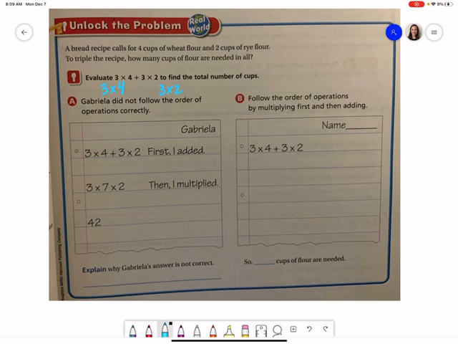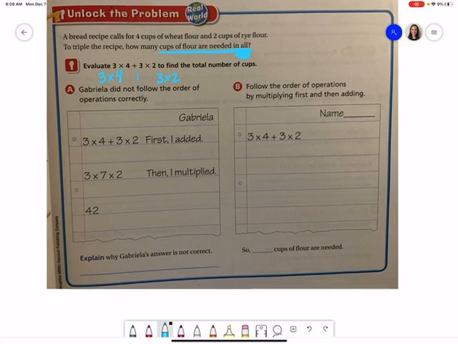But my question says, how many cups of flour are needed in all? So we're talking about all the flour. Then I'm going to add those two to get all the flour that's needed. And this now is where PEMDAS comes into place. Please excuse my dear Aunt Sally.